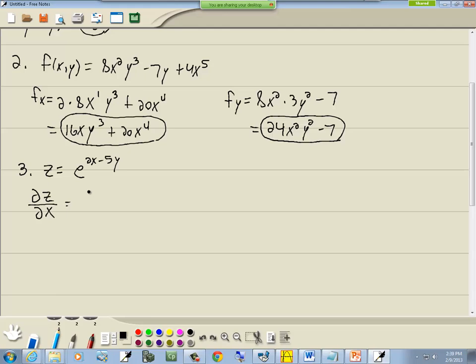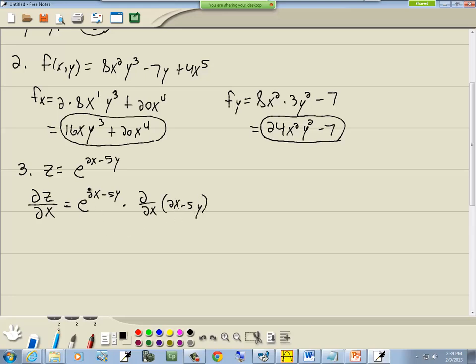Now the derivative of e to any power is just e to that power, so that doesn't change. So this stays e to the 2x minus 5y. But then you have to multiply it times the partial with respect to x of the exponent.